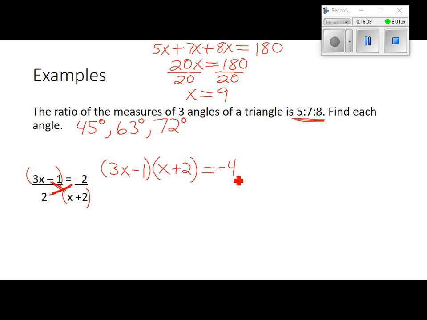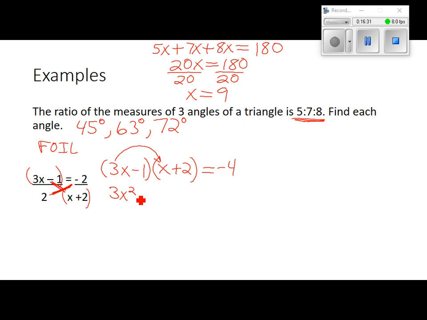Now what? Now you do FOIL. Remember your algebra days? 3x times x, what's that give you? 3x squared.